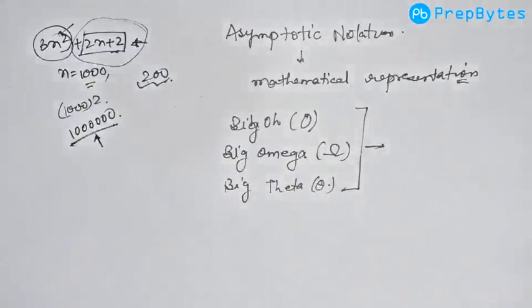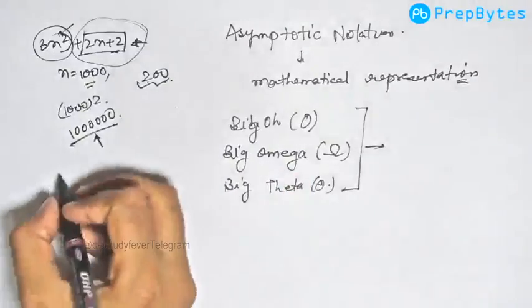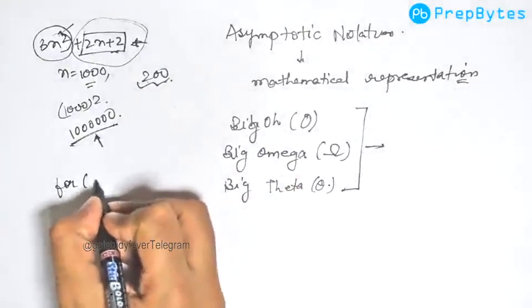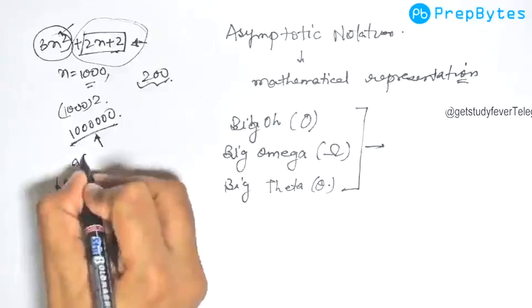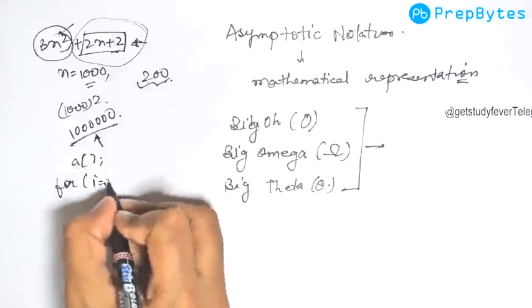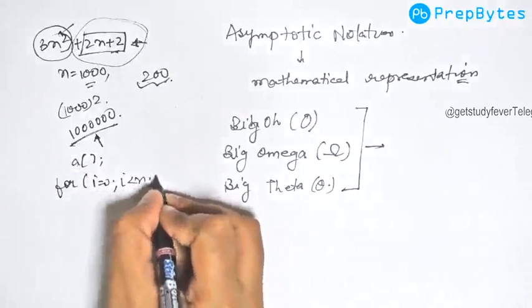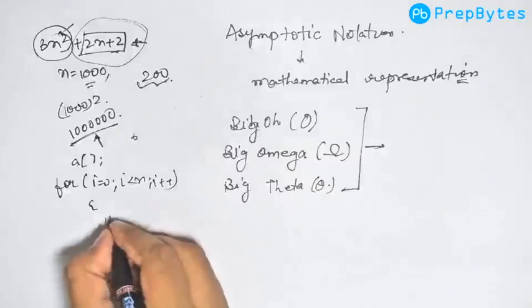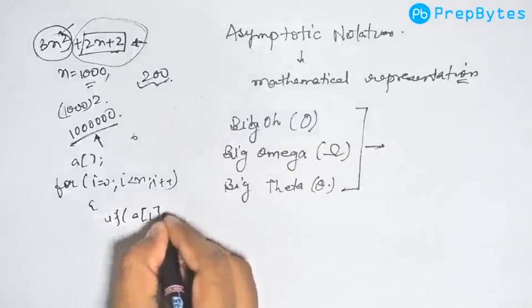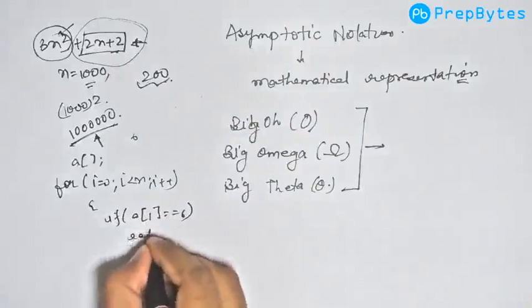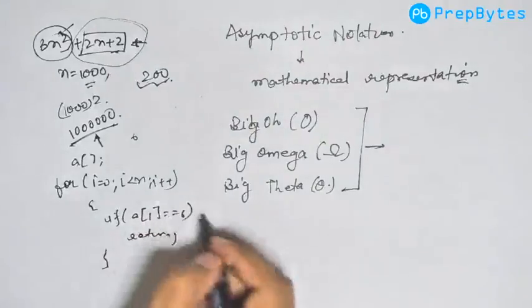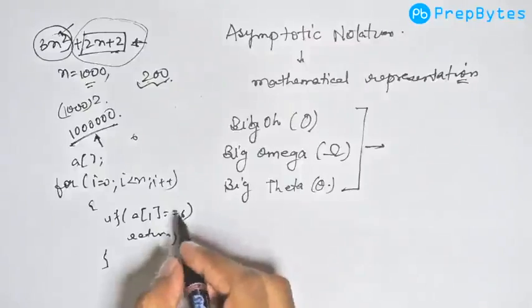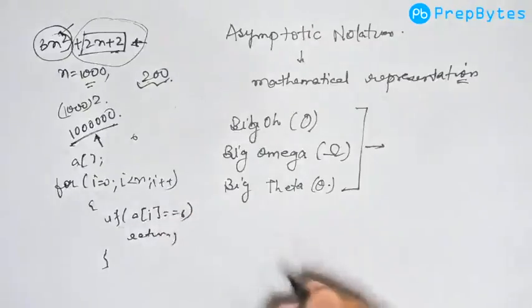Before that, let's think about what happens when you run a program. Let's say I write a very small program. We have an array A, and I want to search for a particular element in the array. Let's say I want to search for 6. So I run a program, and I say that when A of i is equal to 6, return.